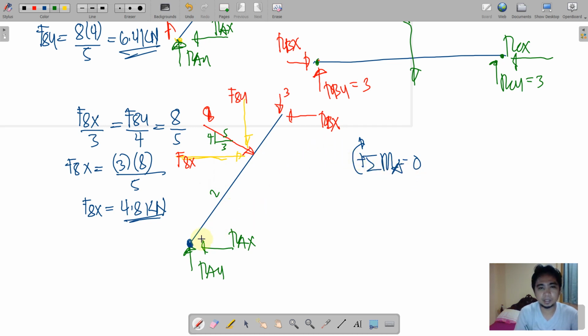So going back to this summation moments at A, 8 will have a clockwise rotation. So again, hindi ko na i-consider yun kasi consider ko yung mother force. So 8 times 2. Clockwise yan, and then about 3. We have a clockwise also for 3, plus 3. What is the distance of 3 from A?